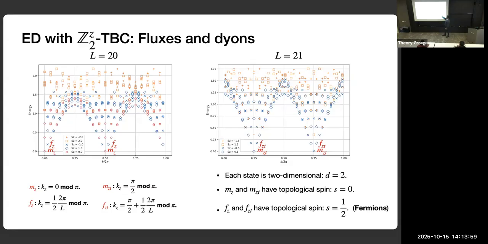And similarly, if I look at the odd number of sites, the only difference is now that I inserted both a Z2Z flux and a Z2T, this emergent symmetry flux. But the labeling is similar. So now I have an M anyon of ZT and then this dyon of, again, ZT with a ZT charge. And similarly, these two are mapped to each other under the action of Z2X.